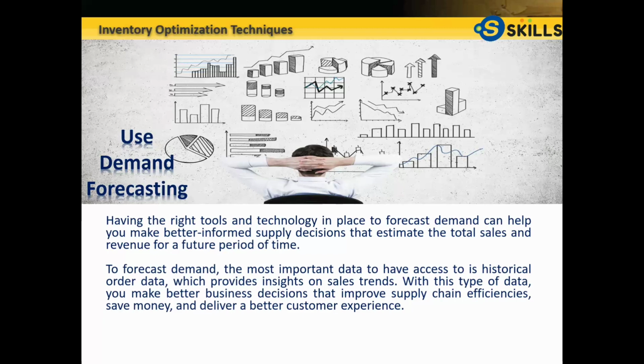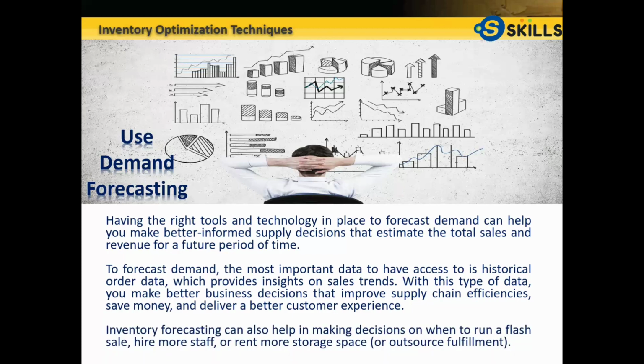With this type of data, you make better business decisions that improve supply chain efficiencies, save money, and deliver a better customer experience. Inventory forecasting can also help in making decisions on when to run a flash sale, hire more staff, rent more storage space, or outsource fulfillment.